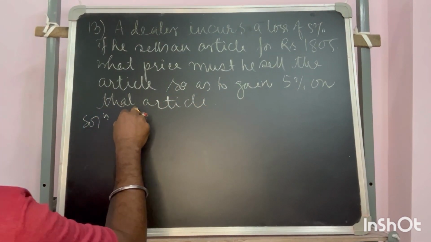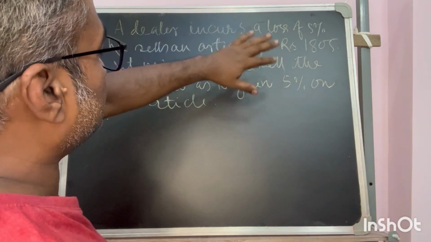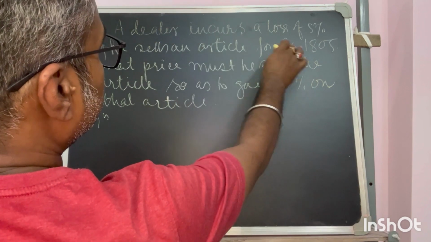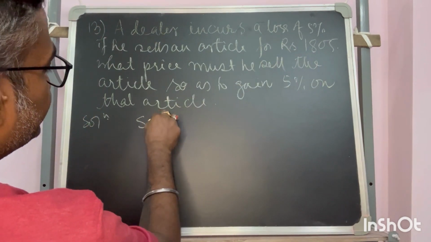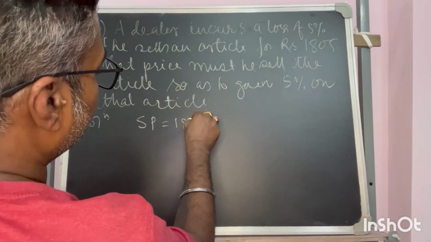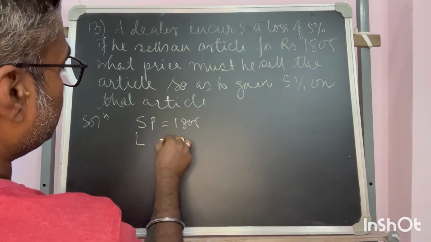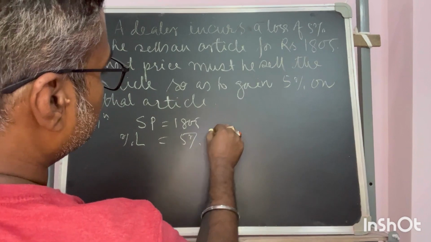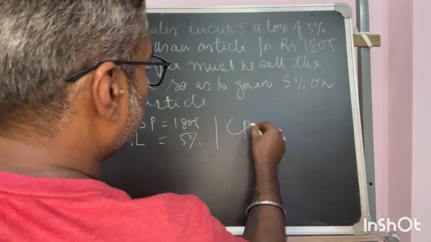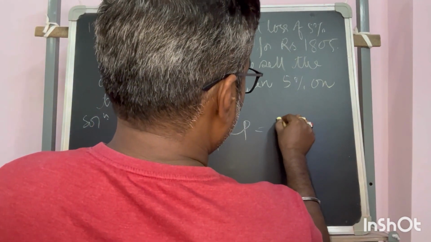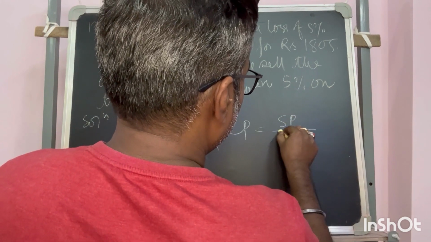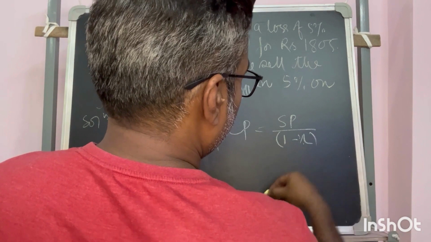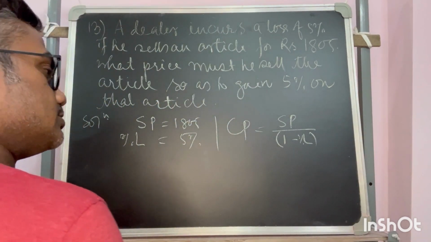the first method could be that you solve this problem in the way that for the first information, the selling price of the first transaction is given, 1805. Loss incurred, percentage loss is 5%. So from there, the cost price you can easily get by the formula CP is equal to SP by 1 minus percentage loss.